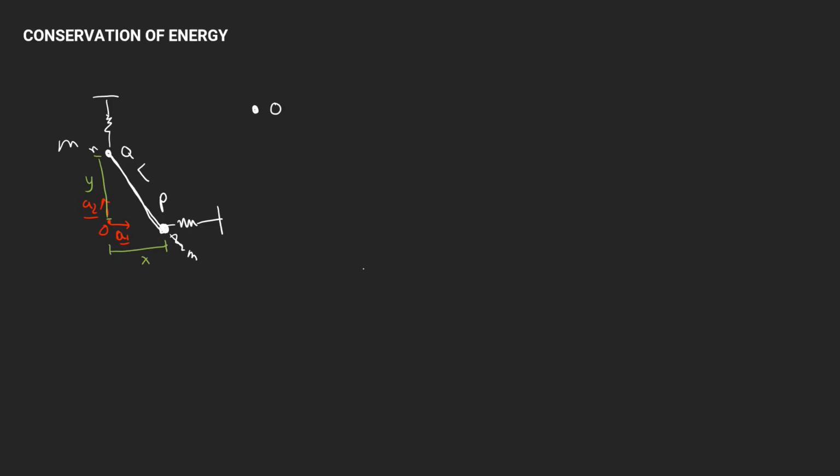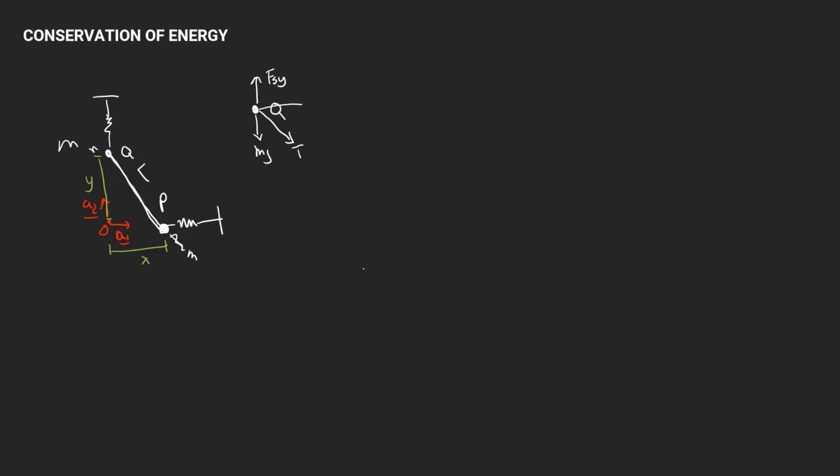So if we have Q here, we have a spring force, I'm going to call that FSY, acting to pull Q up. We of course have gravity acting in the vertical direction. We have a tension in the rod here.